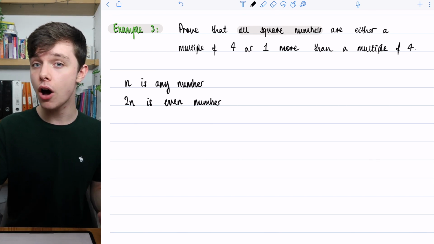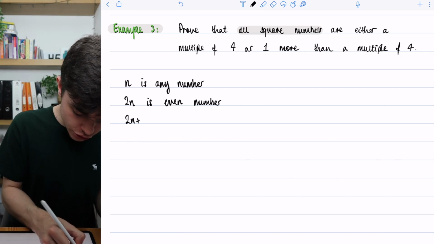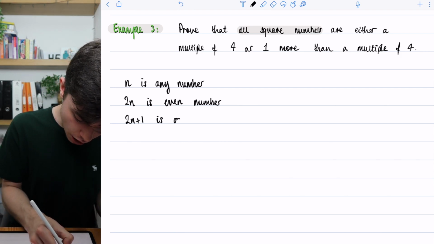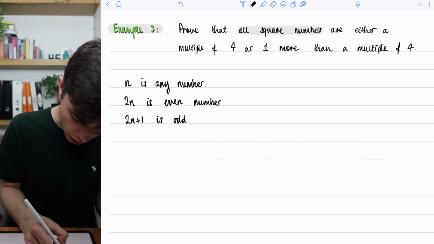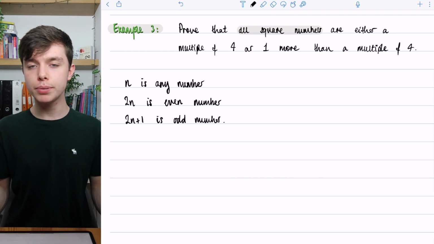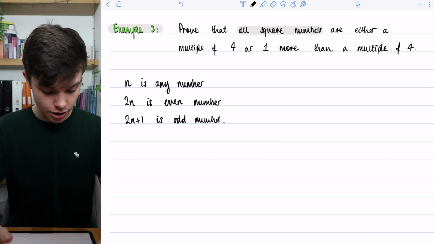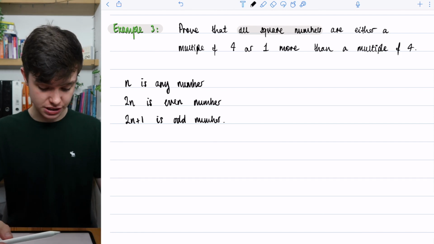Now, the easiest odd number to add to that is 1. We know that 2n plus 1 is an odd number. Okay, so 2n plus 1 is odd because we've got an even plus 1 to it, it has to be odd. So those are the two possibilities.